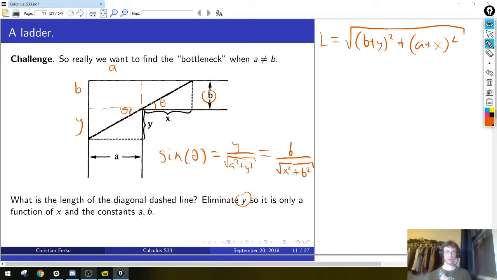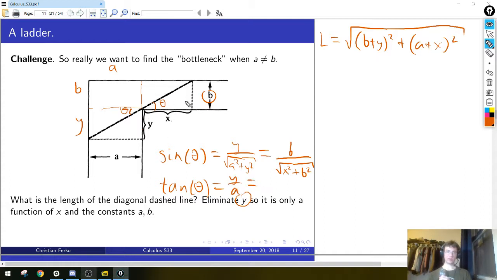We could actually solve this and get a relationship between a, x, y, and b by squaring both sides and doing some manipulations. An easier way is to rewrite this in terms of not sine but tangent, because tangent is opposite over adjacent. In the first triangle, opposite is y and adjacent is a, so this is y over a.